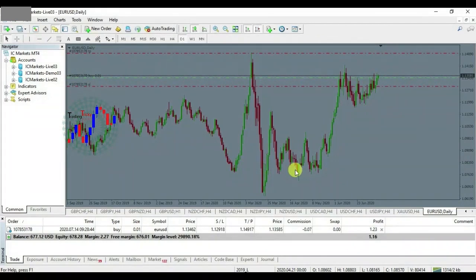So let me tell you about margin. I have opened only a 0.01 lot position here.